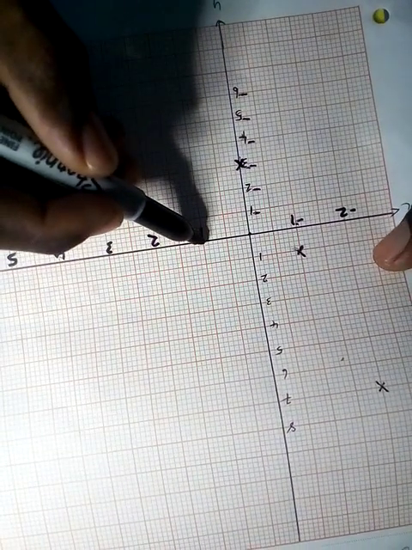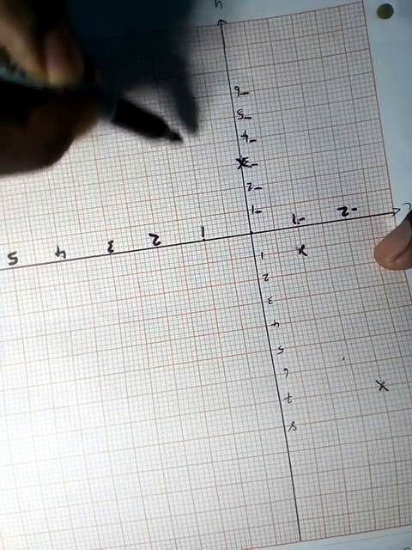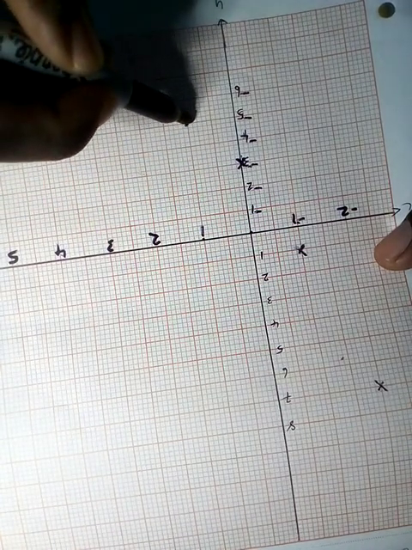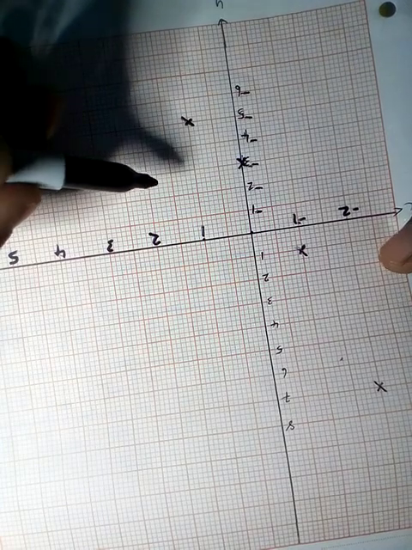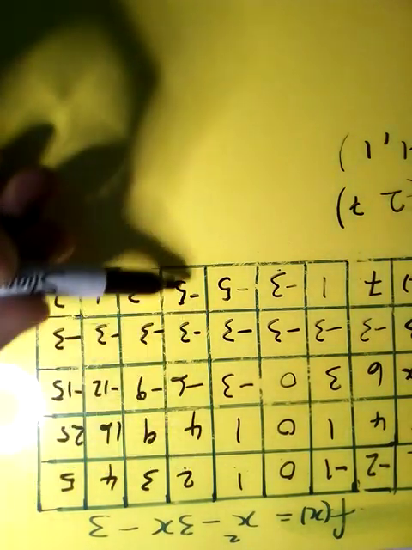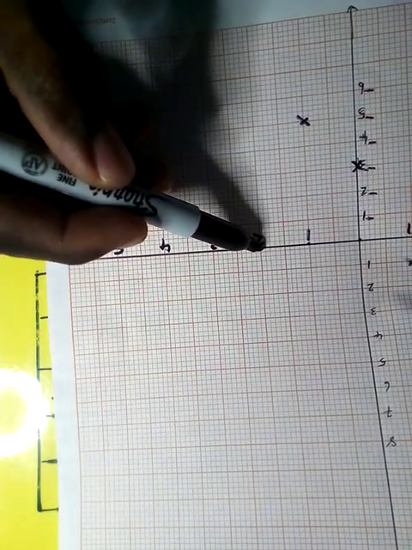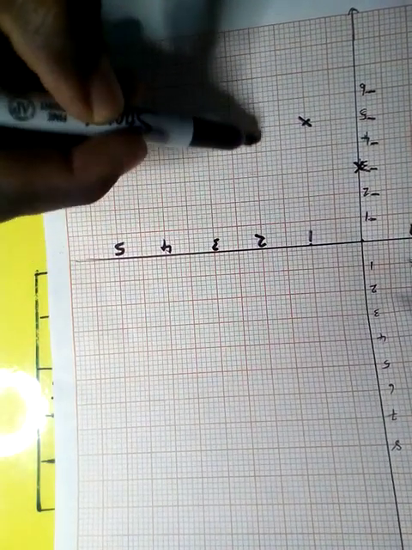So 1 on the x-axis and negative 5 on the y-axis. Next point, 2 to negative 5, 2 on the x-axis, negative 5 on the y-axis. So I want 2 on the x. Where do I find negative 5? Down.